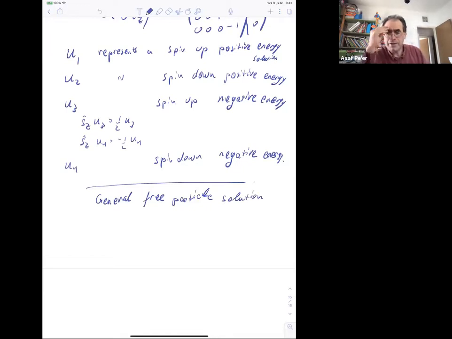I repeat again, are there any questions? At this point, I'm pretty sure that you have not seen this before, unless you already took a course in quantum field theory. Is there anybody who has seen these things before? No. So I want to make sure that I'm not rushing too fast. It's not that hard, but it takes time; if you see the picture, it's quite easy.